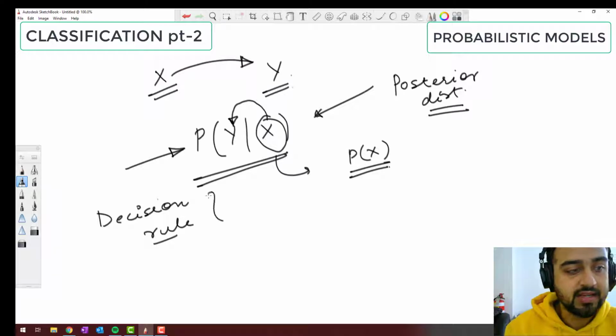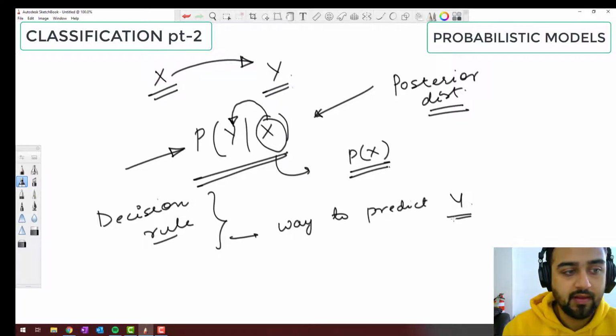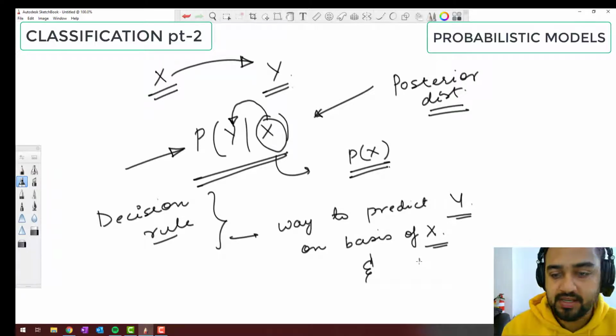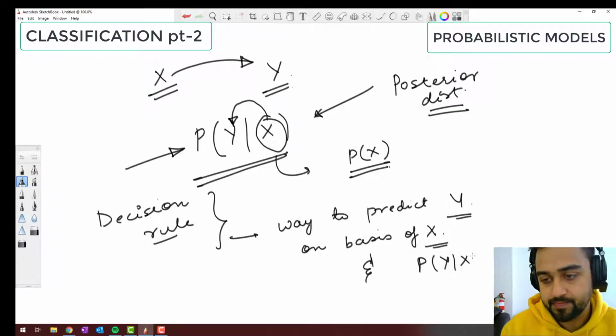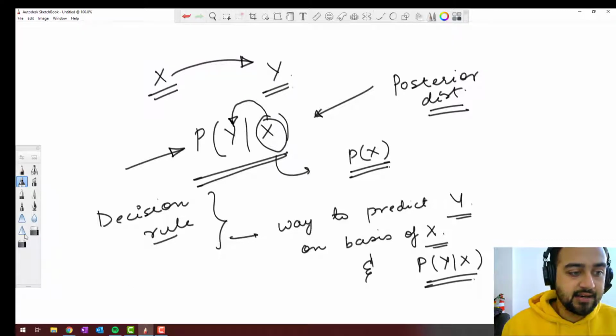So, a decision rule is a way to predict y, the value of y on the basis of x and posterior distributions. Now that gives us a decision rule.